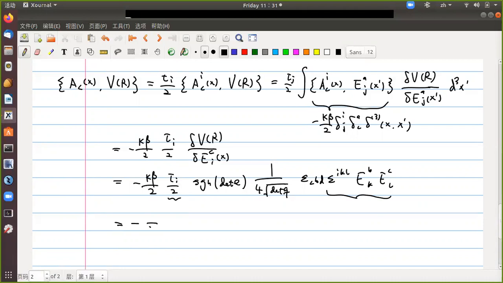So this beta sine, okay, and 1 over 4 CBD, and determinant Q, and commutator E, EC.